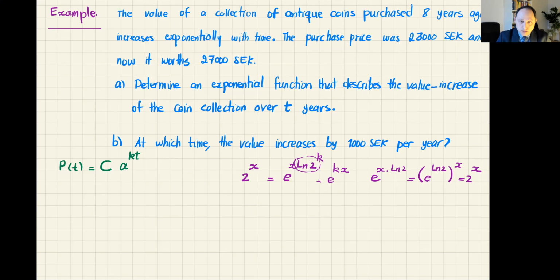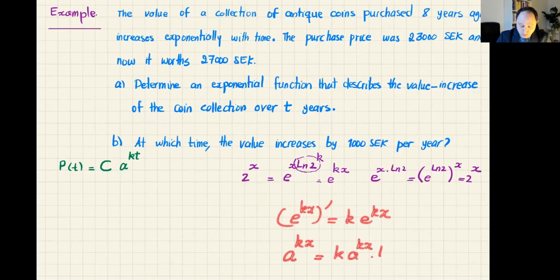What I am recommending in these problems, especially when you're dealing with derivatives and rates of change, is that it's better to take the Euler number. The reason is that the derivative of e to the power kx is k e to the power kx, but the derivative of a to the power kx is k a to the power kx, but if you remember, multiplied by an extra ln of a.